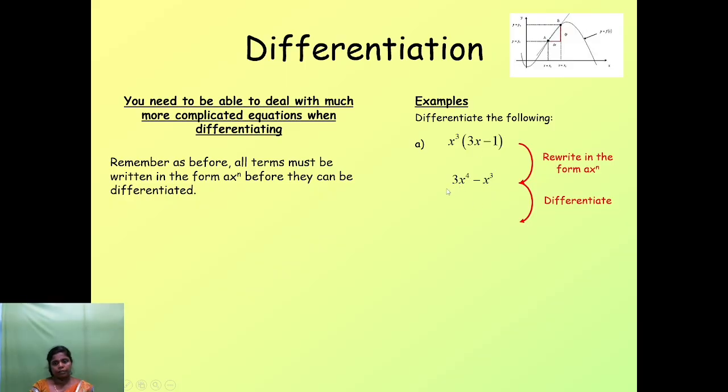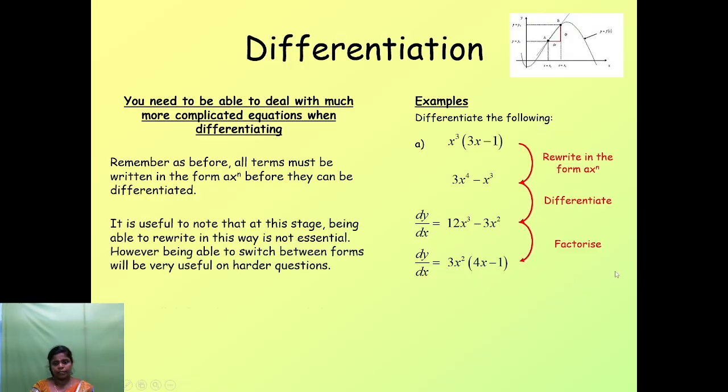Differentiate: the first derivative of 3x power 4 is 3 into 4 into x power 4 minus 1, you get 3. Then x cube gives 3 into x power 3 minus 1, which is 2. So 12x cube minus 3x square. Then we factorize this, we get 3x square into 4x minus 1.